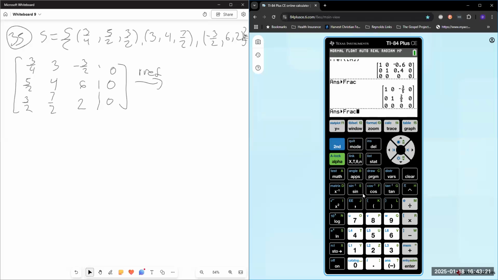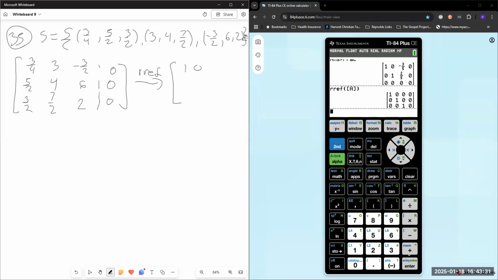We want to REF that, and we get that this is 1, 0, 0, 0, 0, 1, 0, 0, 0, 0, 1, 0, which means that C1, C2, and C3 all have to be 0 in order for me to get the 0 vector, meaning these are linearly independent.